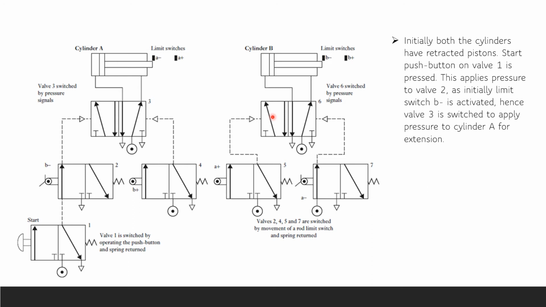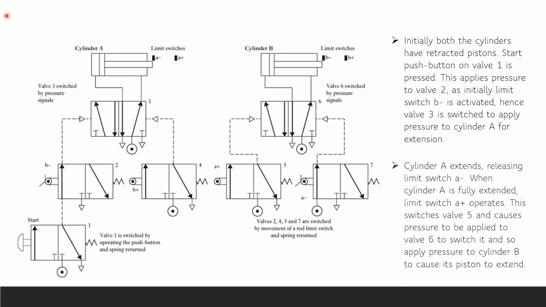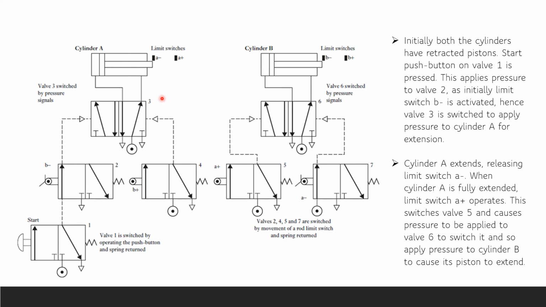Now similar to this double acting cylinder, I will repeat again. As the piston of the cylinder A moves from the right to the left, or the top dead center to the bottom dead center, the limit switch A plus gets activated.